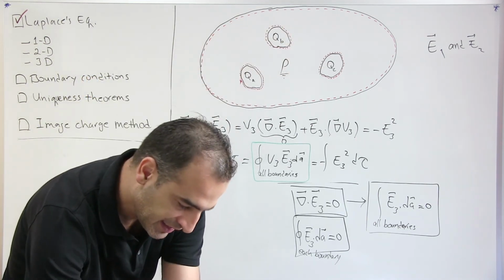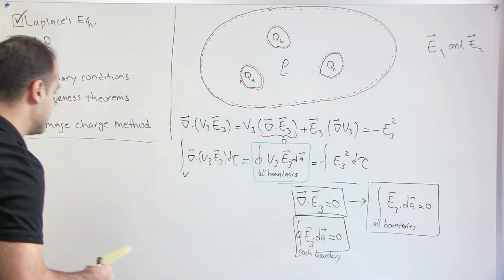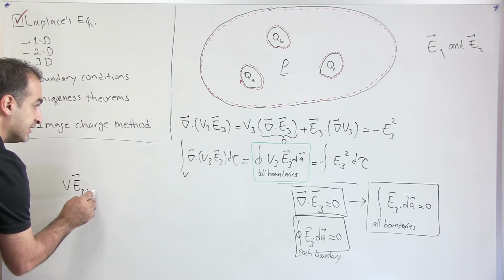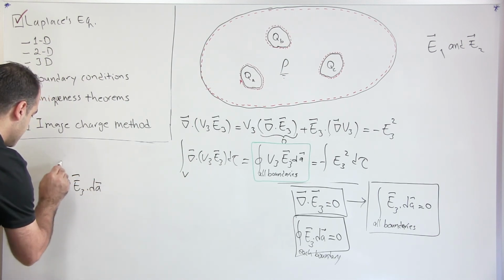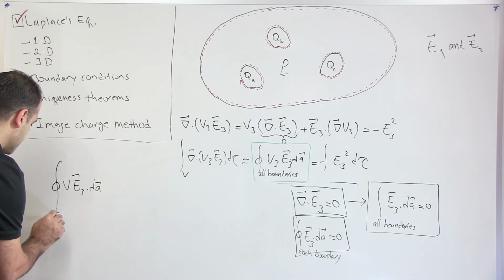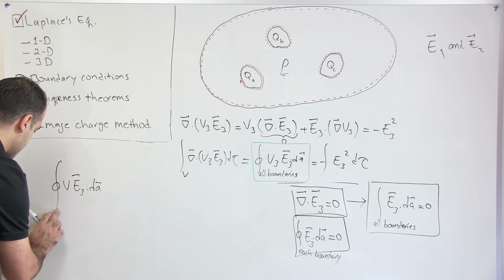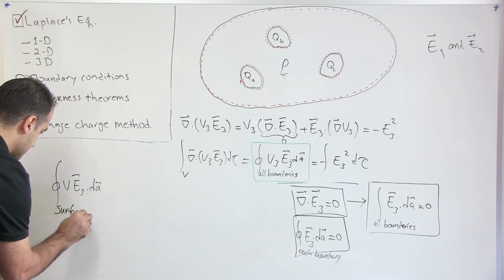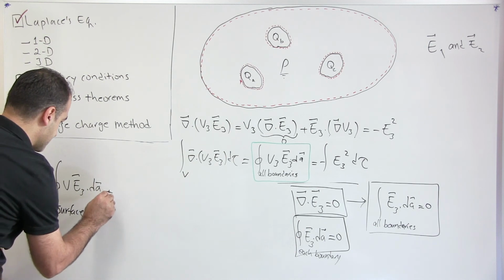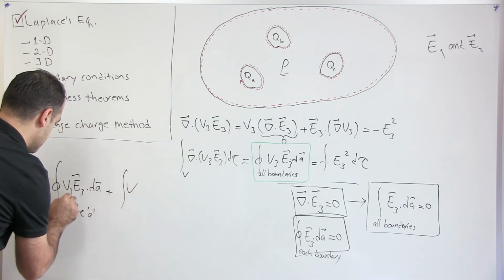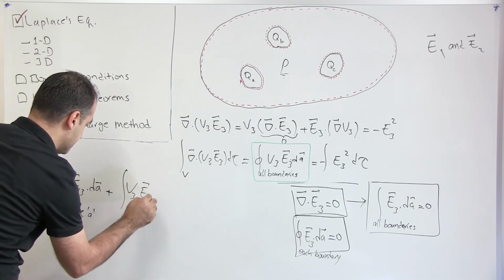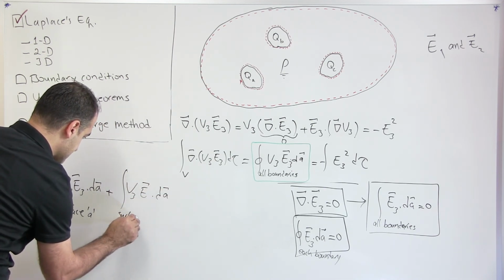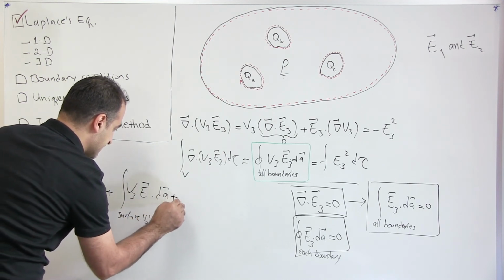So that is like V3 times E3 times dA integral over surface A, and then plus V3 E3 times dA on surface B, and so on.